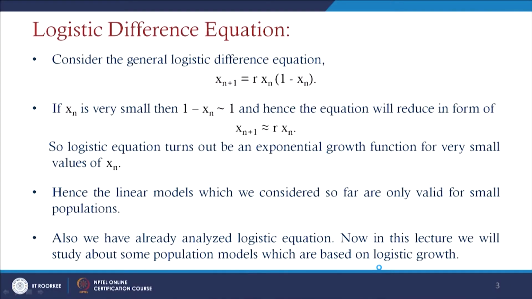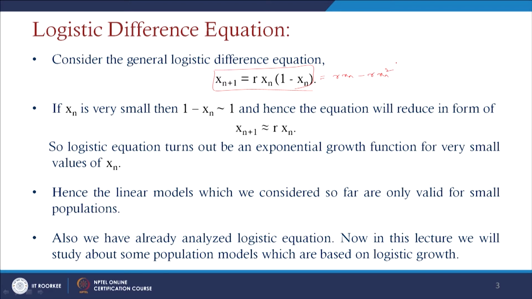First, the general logistic difference equation is represented in the form x n plus 1 equals r x n into 1 minus x n. Already we have explained that this product can be represented as r x n minus r x n square, which represents the nonlinearity of this equation.